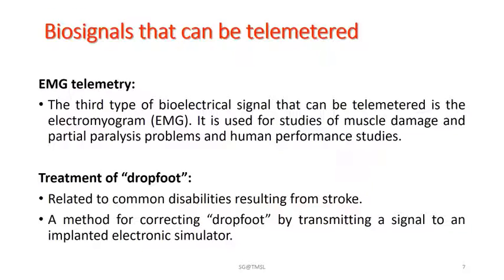In that process, an external transmitter owned by the patient delivers a pulse modulated carrier signal of some kilohertz to an implanted receiver that demodulates that signal and delivers the resulting signal to the peroneal nerve.